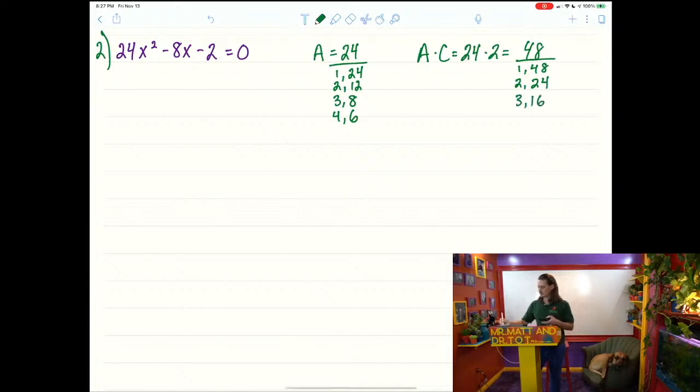And then the only number in between 6 and 8 is 7, and 48 is not divisible by 7.